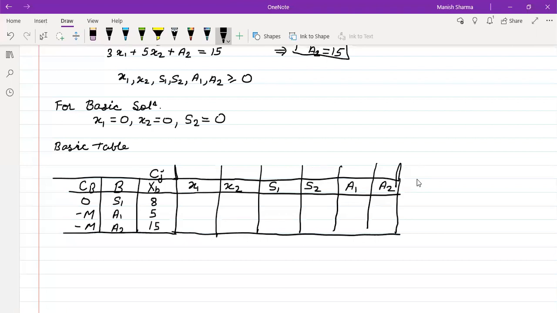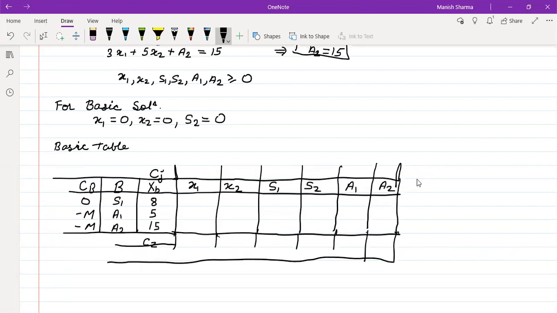Then next is what we calculate here. We calculate CZ, isn't it? Then the next row will be CJ minus CZ.